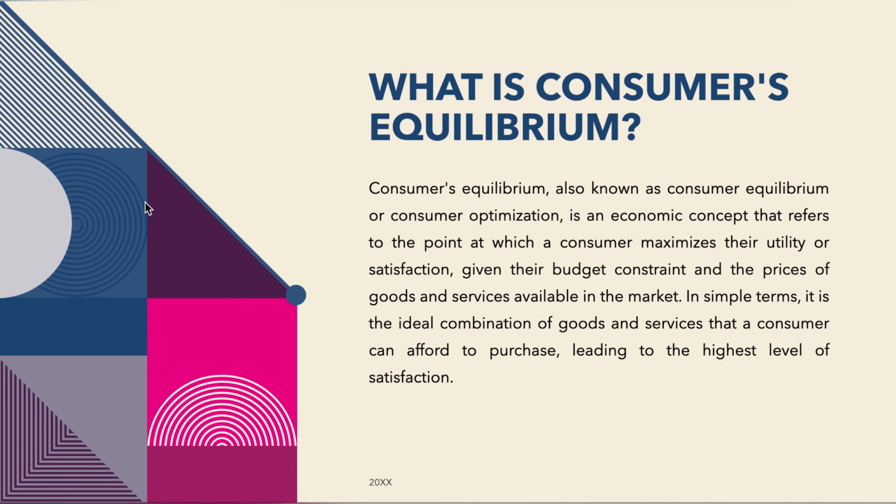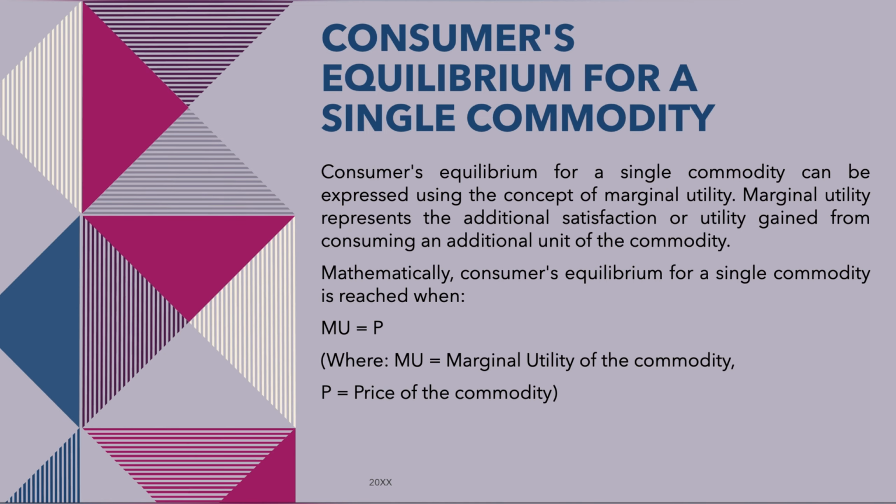This point is where the consumer is having the optimum, the perfect mix of goods and services, and he is completely stable and satisfied. Next, we have consumers' equilibrium for a single commodity.